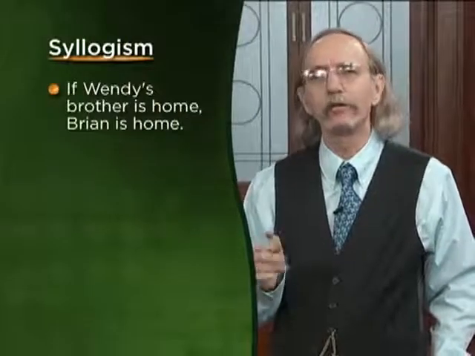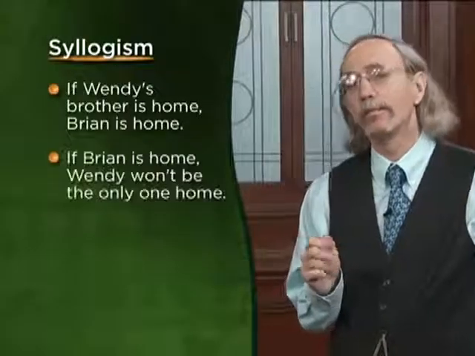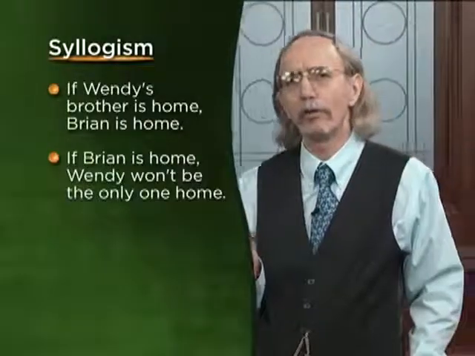I have a memory along those lines that I can date to when I was 5. Somehow I'd gotten the idea of a syllogism, or at least of stepped reasoning, though I'm not sure where. I would try to deduce conclusions as I imagined Sherlock Holmes would. Walking up the street to Wendy's house, I remember thinking something like this. If Wendy's brother is home, Brian is home. If Brian is home, Wendy won't be the only one home.